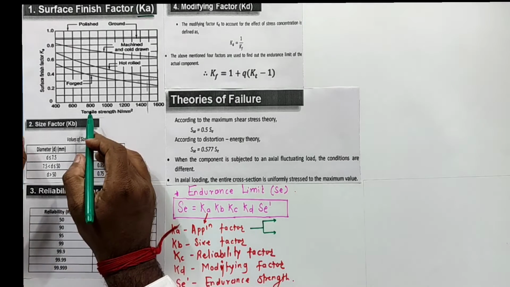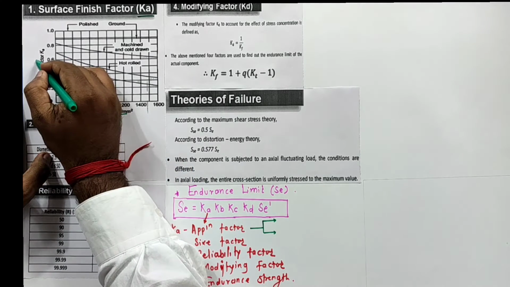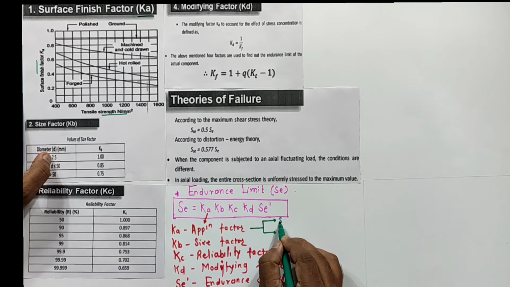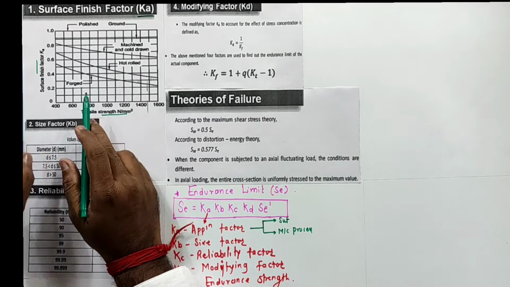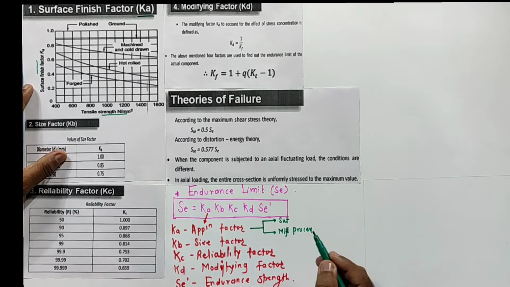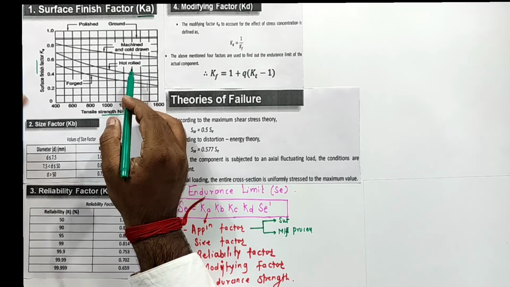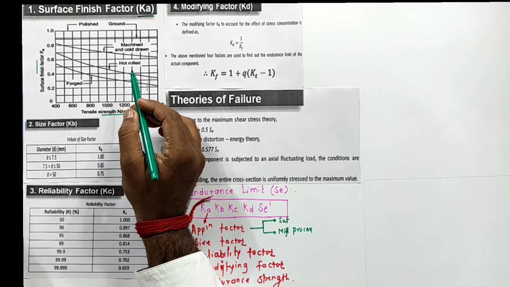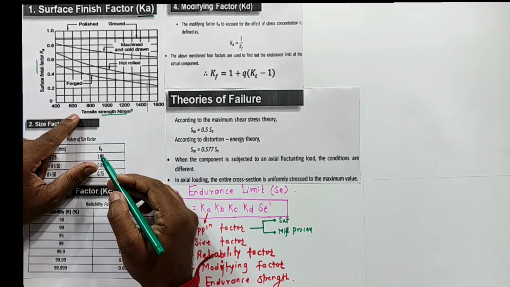First, on the x-axis, ultimate tensile strength, SUT. Second, the manufacturing process: forging, casting, cold drawing, machining. These are the processes out of which we select KA. Clear? Two parts are important, SUT and the manufacturing process.